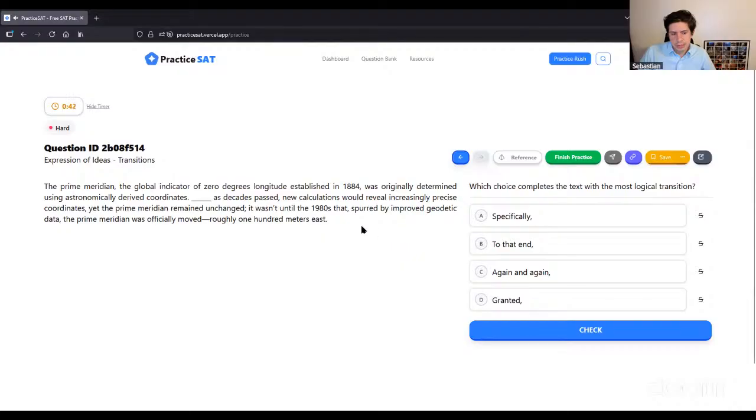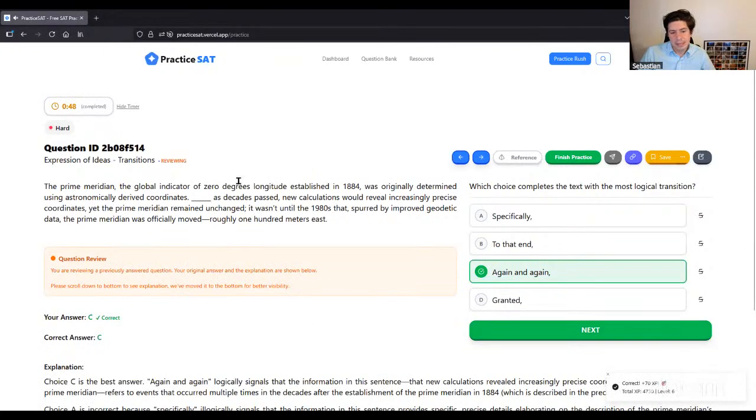So it should be again and again, because they're sort of saying that this is happening multiple times and it's changing it, but they haven't changed it, right? Remained unchanged.